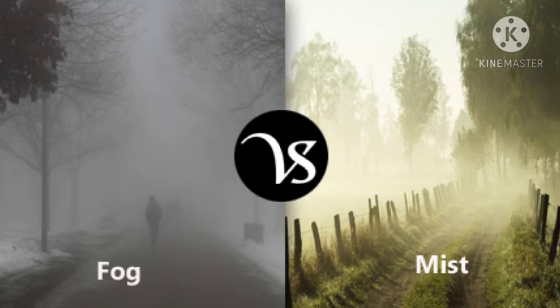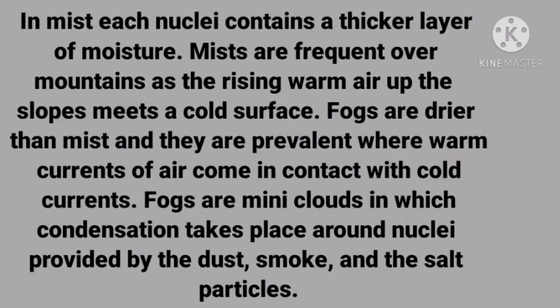And if we talk about the mist, mist is also a kind of similar condition to fog but a little different. How? Because mist is a mass of water drops present in the lower layer of the atmosphere. It is caused by the condensation of water vapors in the air, resulting in a moderate reduction in visibility.